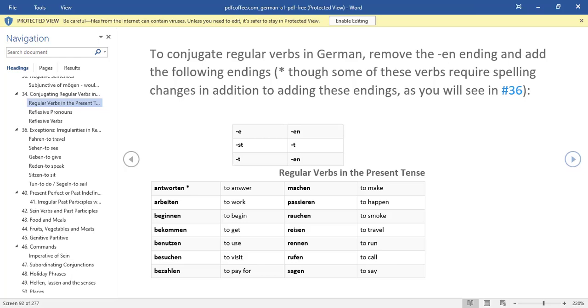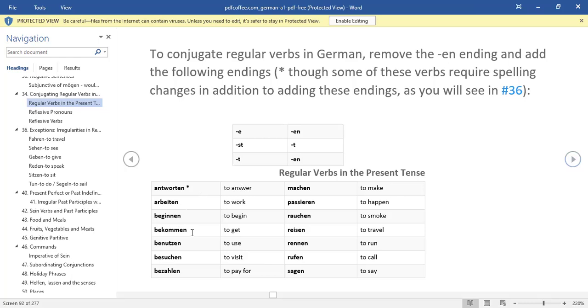As I explain this, all German verbs have the en ending. Can you look at the table below? Just look at the words at the end, en. Arbeiten, beginnen, bekommen, they all have the en ending.